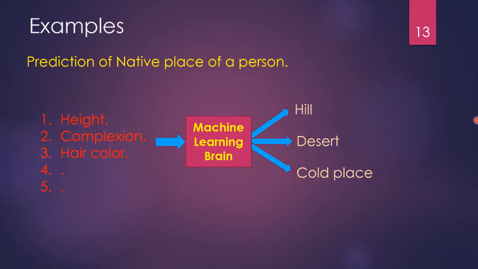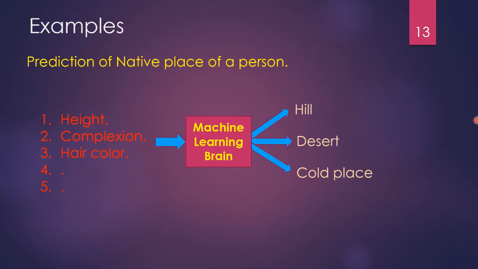For example, people from hill areas are a little bit shorter than people from some other regions of the world, right? That we have seen. Maybe in very cold places, people's skin is generally very bright, right? So I'm just giving an example here.